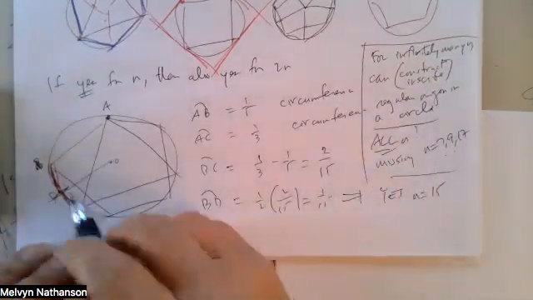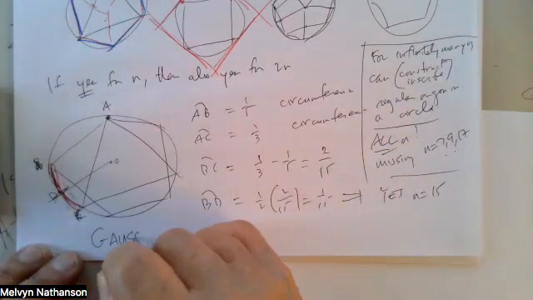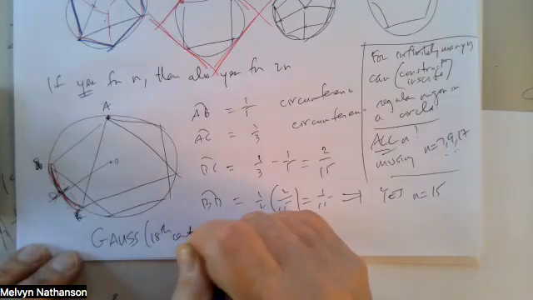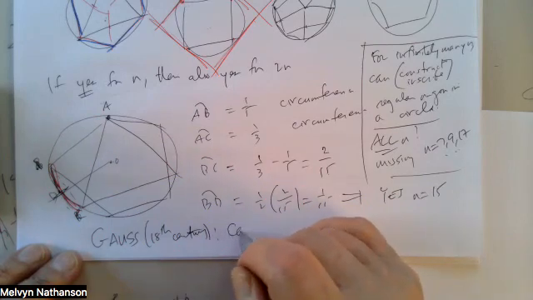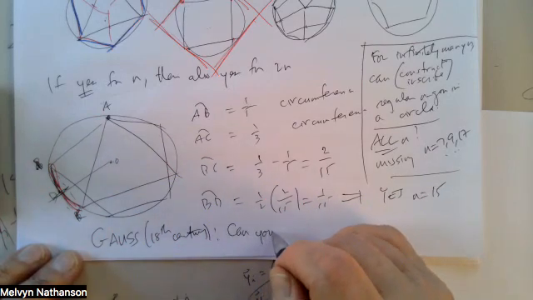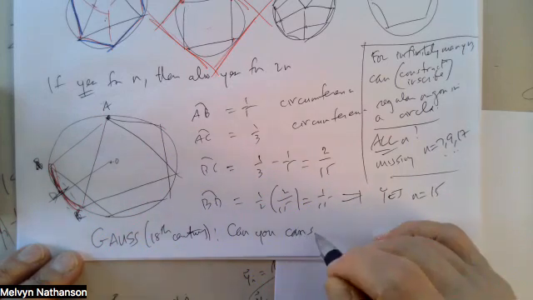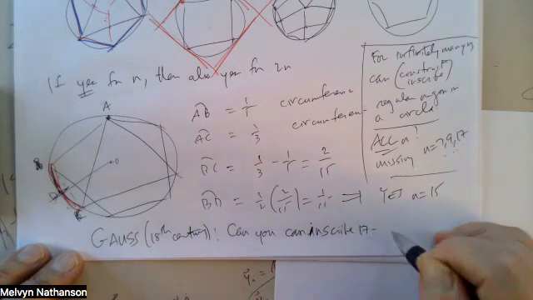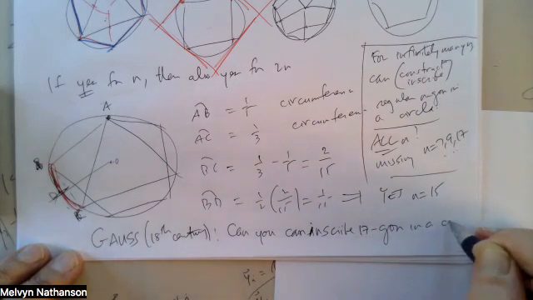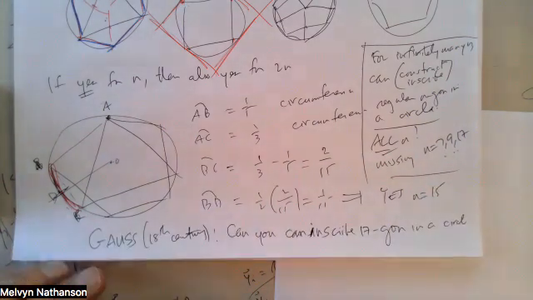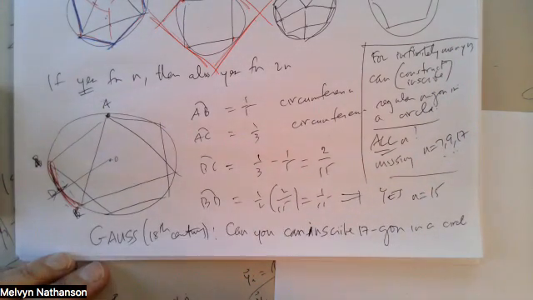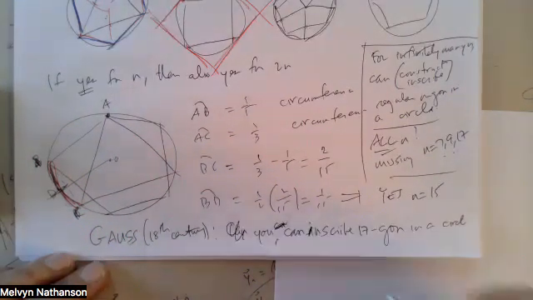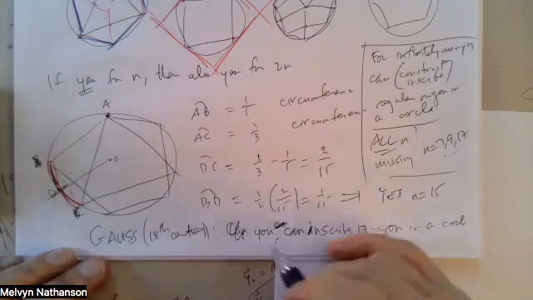And one of the great discoveries of a mathematician named Gauss in the 18th century was that yes, you can inscribe a 17-gon in a circle.